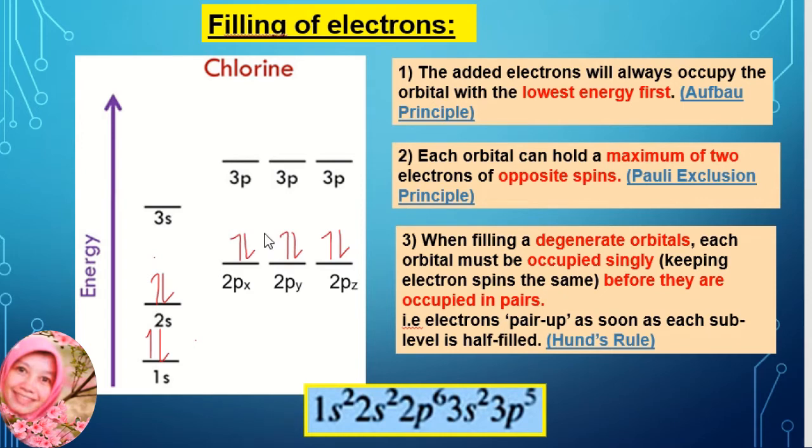And then we continue to fill the next orbital. That's why the electronic configuration of chlorine atom is written as 1s2, 2s2, 2p6, 3s2, 3p5.